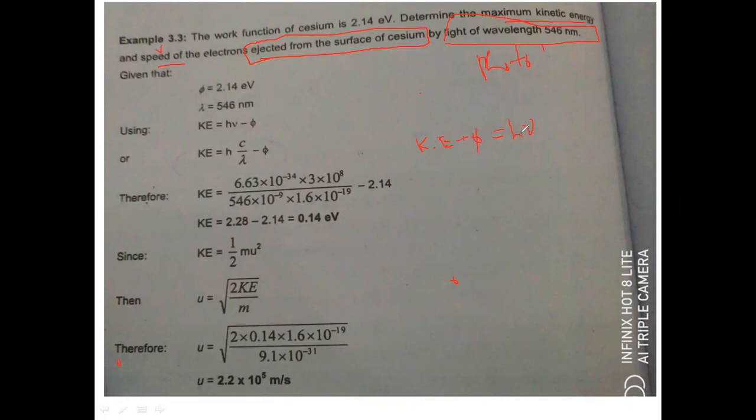Some of the energy of this h mu will be utilized in the work function to knock out the electrons from the cathode surface, which is made up of cesium, and the rest of the energy will be used in the kinetic energy of the electrons.